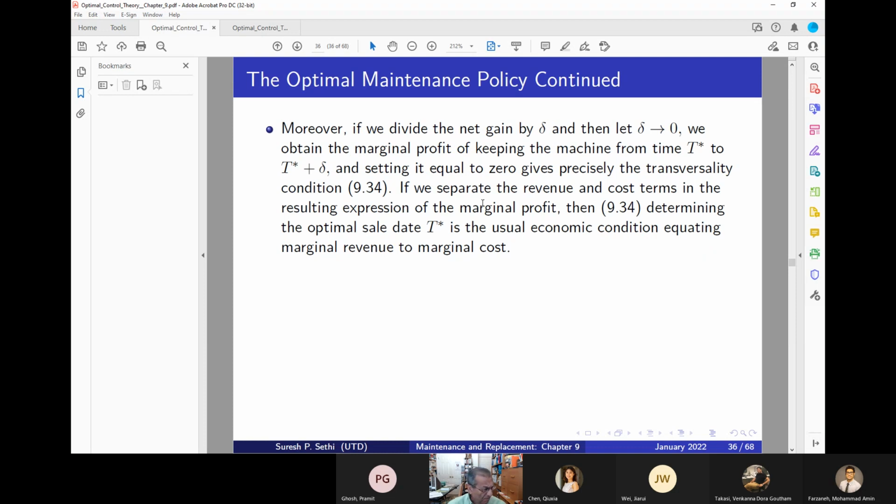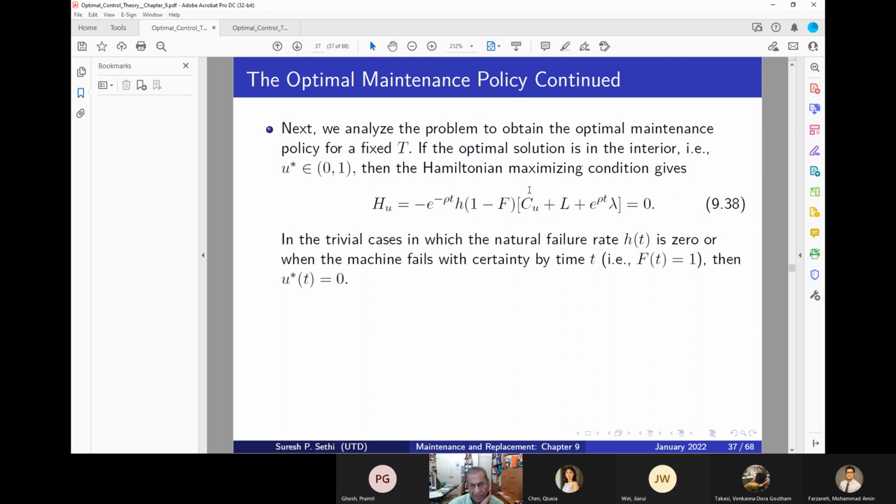So we're gonna finish this model because the rest of it is rather pedestrian. I mean, it's just a little bit of math here and there. So the optimal maintenance policy for fixed T, first I do for fixed T, just like Thompson did. And you set H u sub u equal to 0.